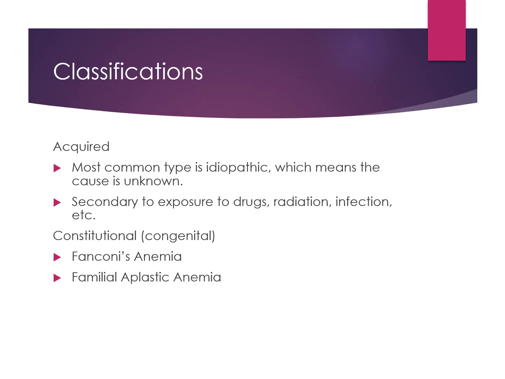There are some secondary acquired aplastic anemias that are due to exposure to drugs, radiation, and infection. For example, the antibiotic chloramphenicol has been banned in the United States because it has been shown to lead to bone marrow suppression and therefore leading to aplastic anemia in some patients.